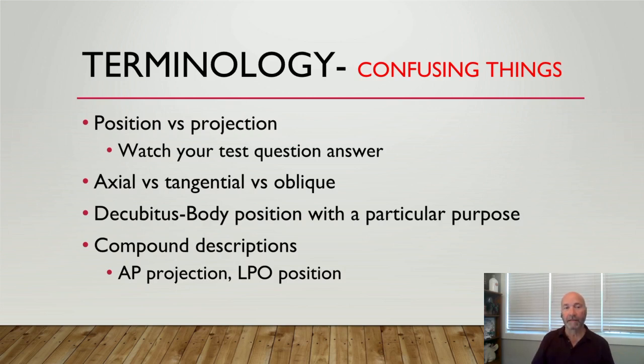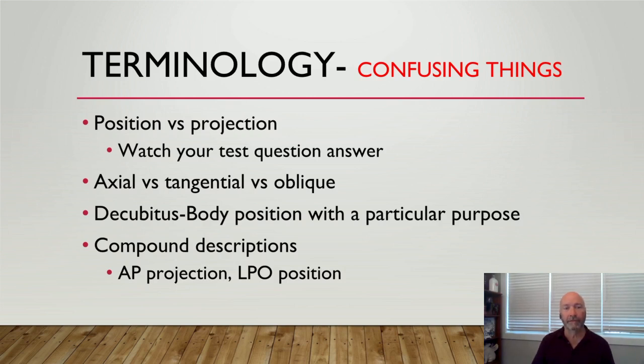Some of your answers may say something to the effect of PA, or posterior anterior. That posterior anterior is a projection, not a position. So make sure that you understand in your test questions what it is that it's asking you.